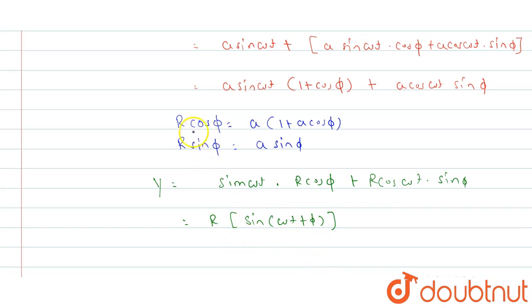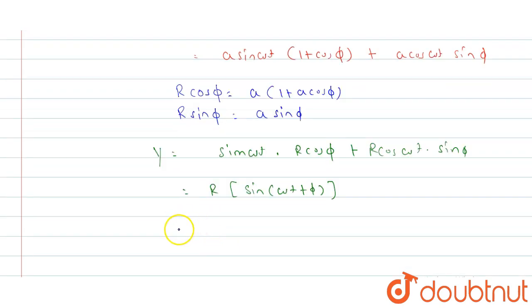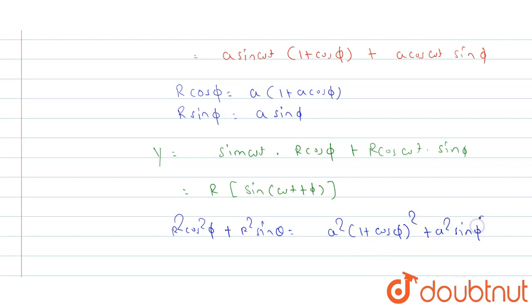Now students, the resultant R square, that is R square cos square phi plus R square sine square phi, from the above equation is written as A square into 1 plus cos phi whole square plus A square sine square phi, right?